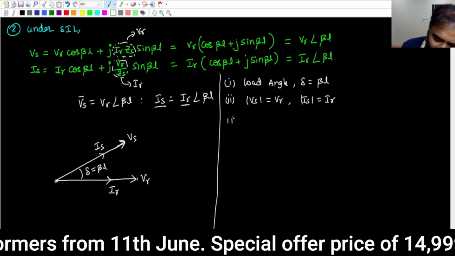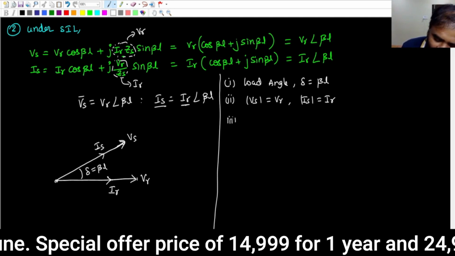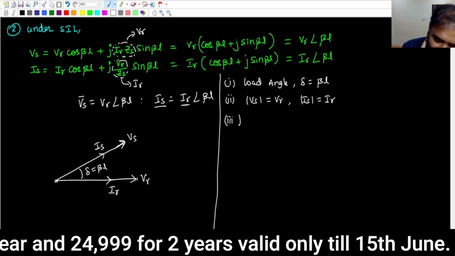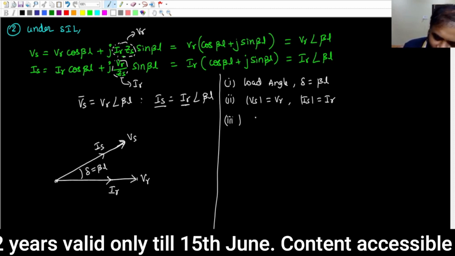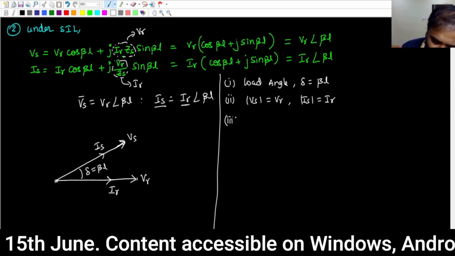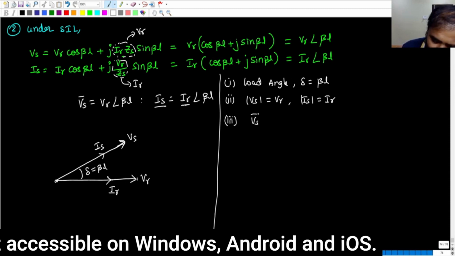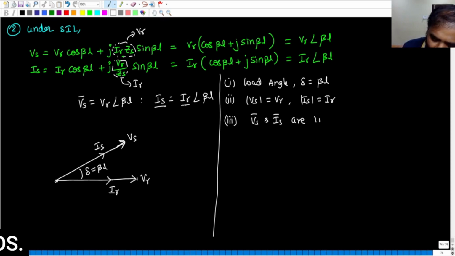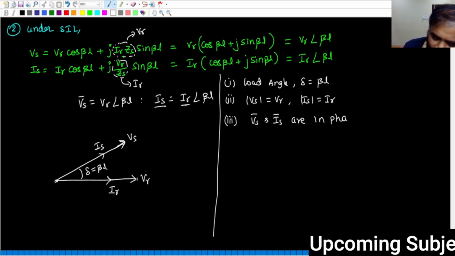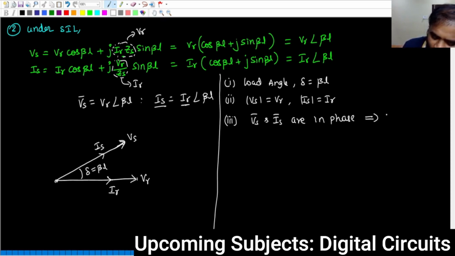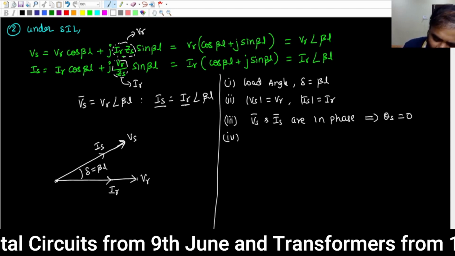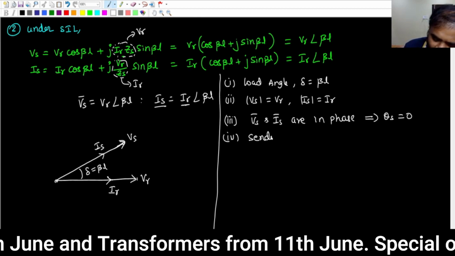Now tell me, shall I say VS and IS are in phase under surge impedance loading? VS and IS are in phase, correct or not? VS angle and IS angle are the same, so nothing wrong in writing that VS and IS are in phase. VS and IS in phase means theta S is what now? 0. If that is the case, what about the sending end power factor? That is also unity.